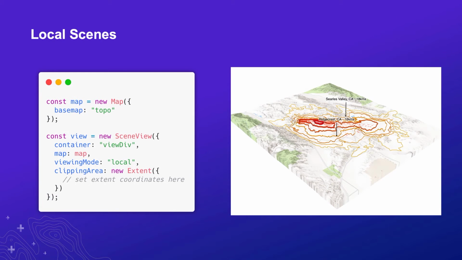Again, I'm defining the map with a base map and maybe some layers, and then I'm passing it on to a scene view, and this time I have to set viewing mode to local. Additionally, in local scenes, you can also set a clipping area, and this will always be an extent, so that basically what it does is it cuts the data at the borders of the extent you're passing.